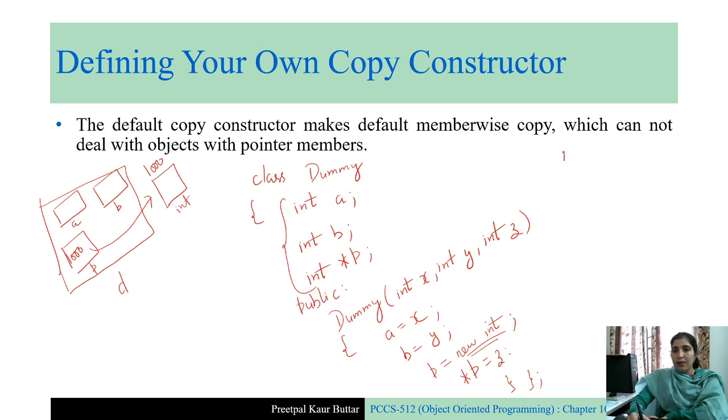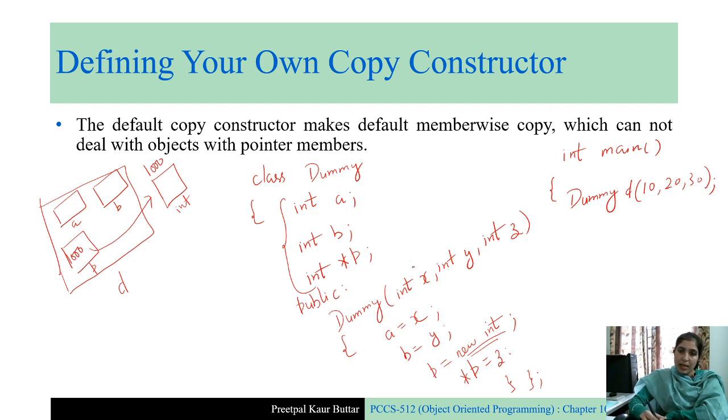And in the main, let us create an object, dummy d, 10, 20, 30. These are the values which we are passing.